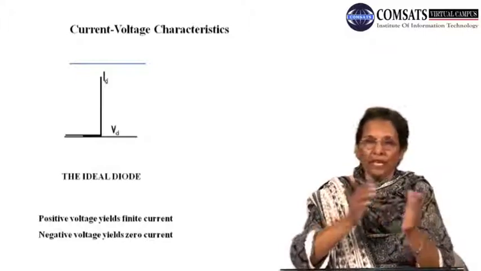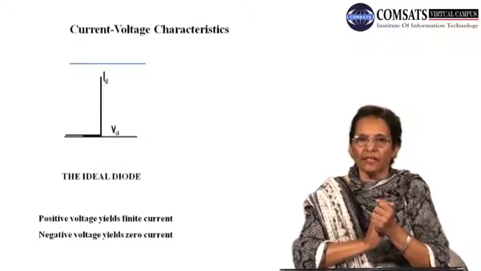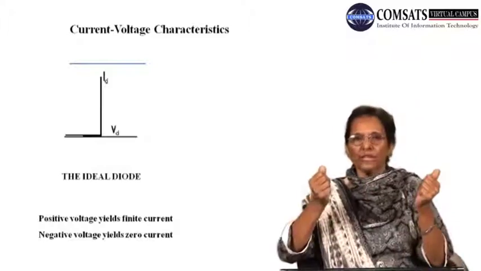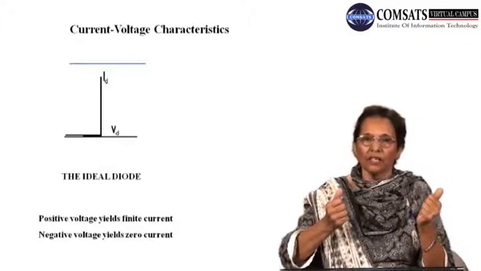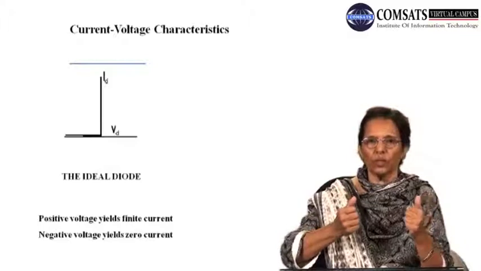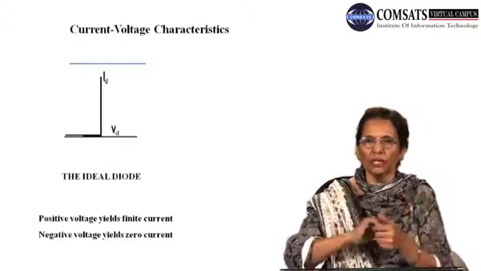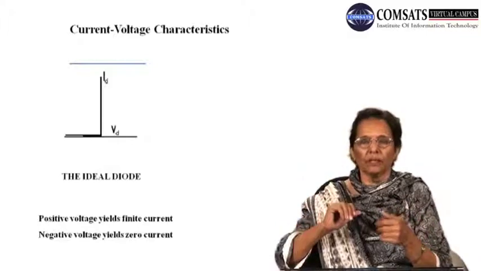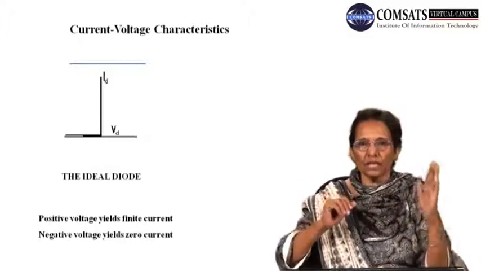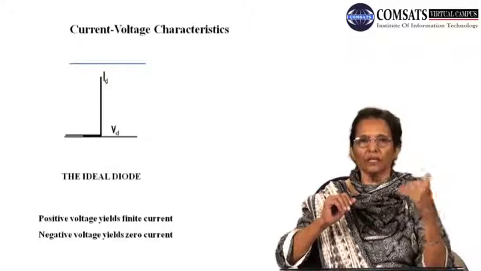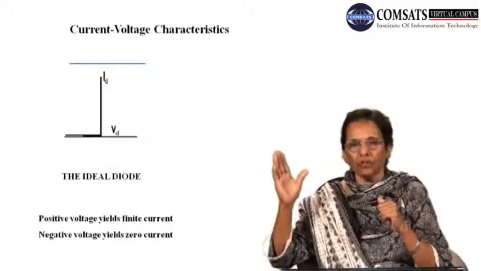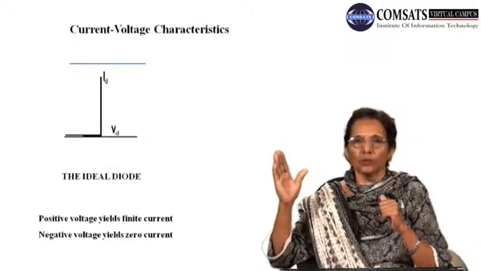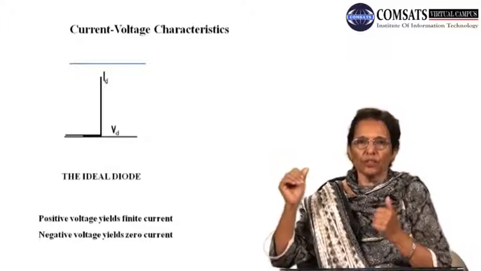These carriers, which are swept by the field, that is the drift current component, will be small, logically, because the minority is a small number. The holes on the N side are in minority, in small number. The electrons on the P side are small, therefore the term minority.